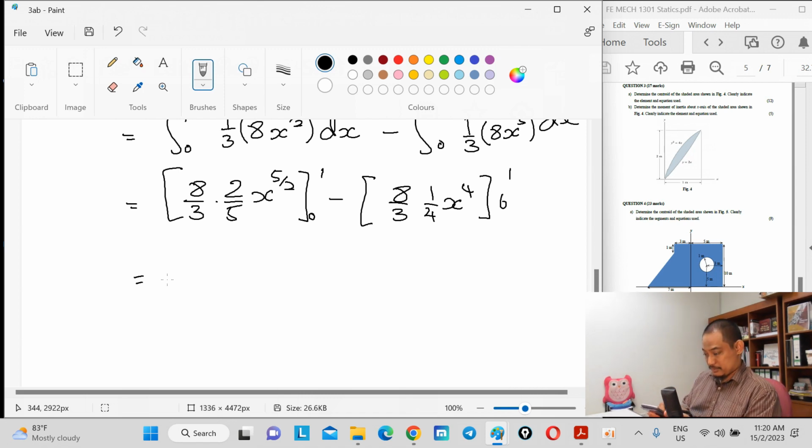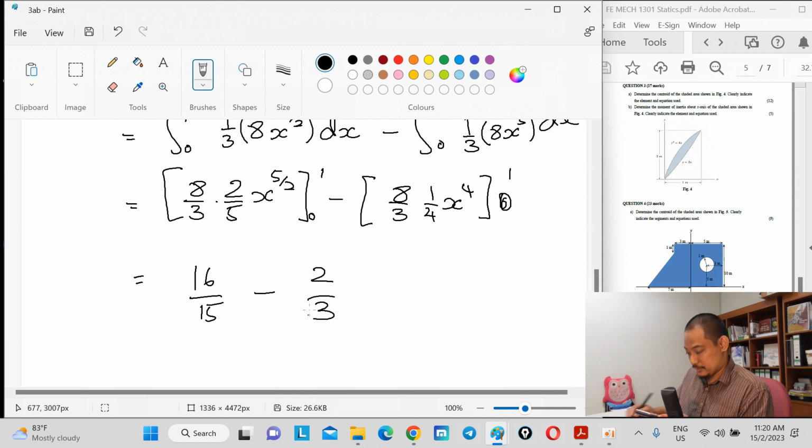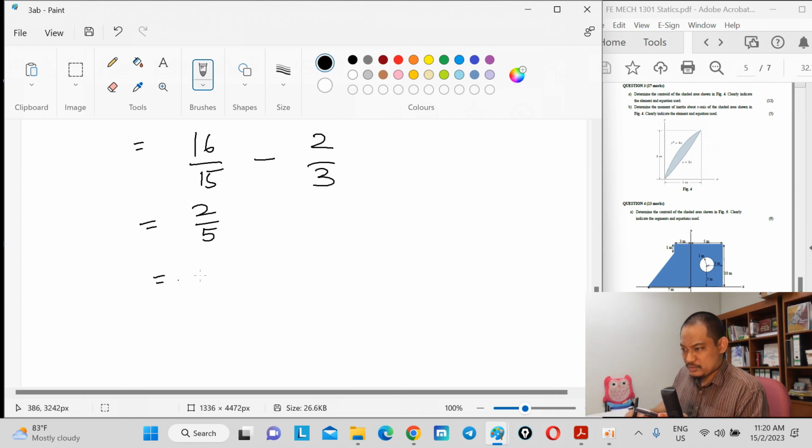Eight divided by 3 times 2 divided by 5 is 16 over 15, minus 8 divided by 3 times 1 divided by 4, which is 2 over 3. Two over 5, 0.4. Is it the same?